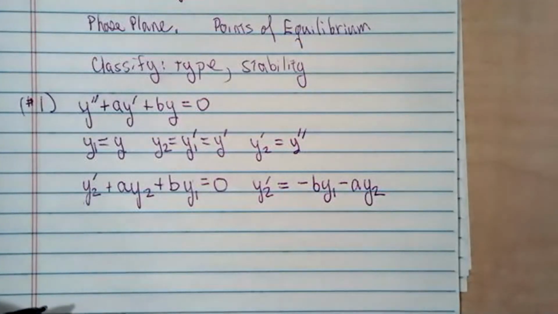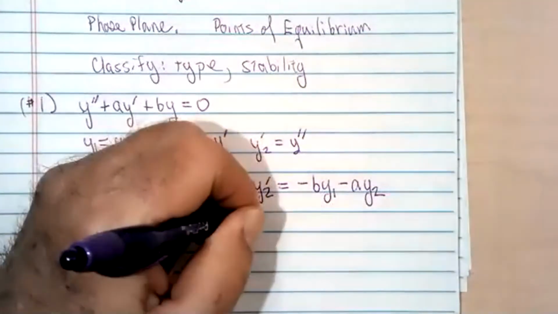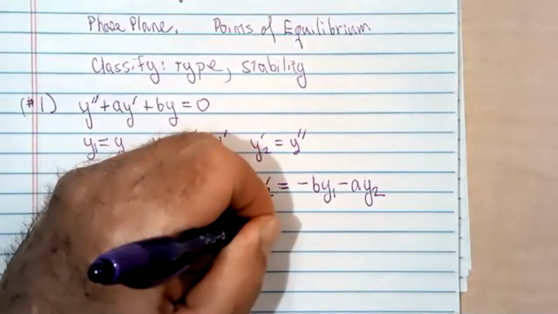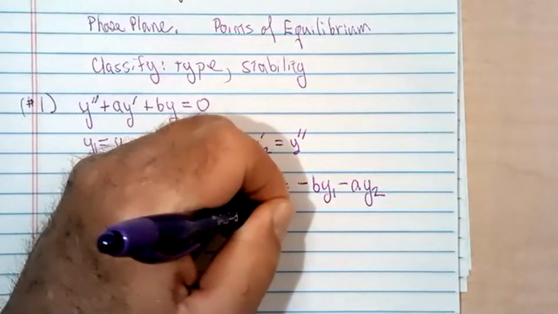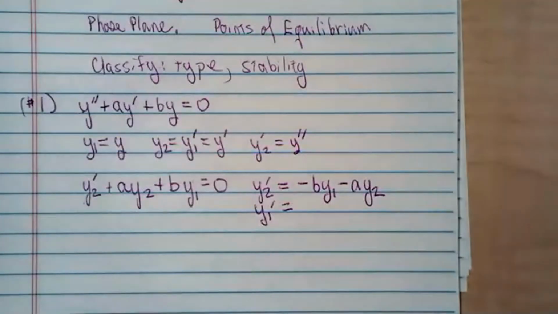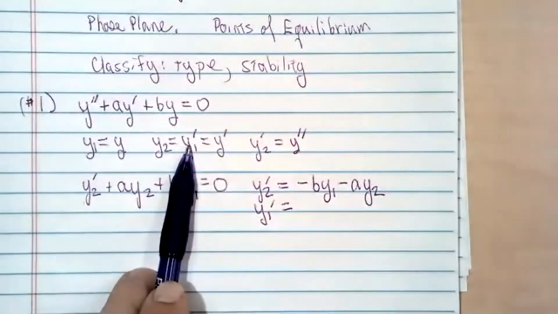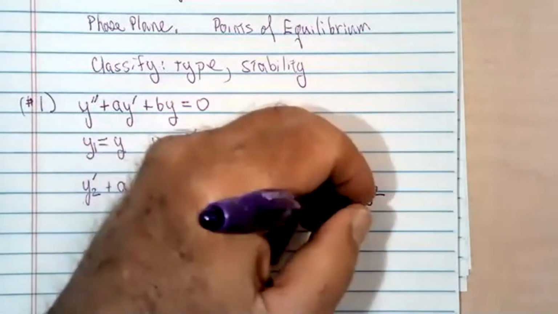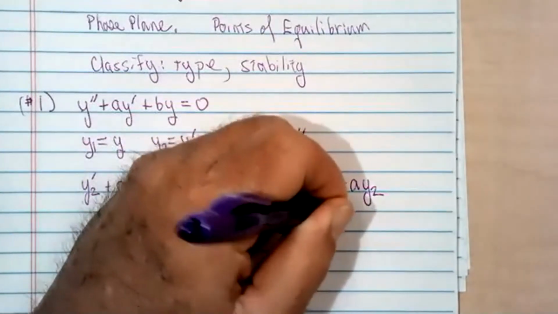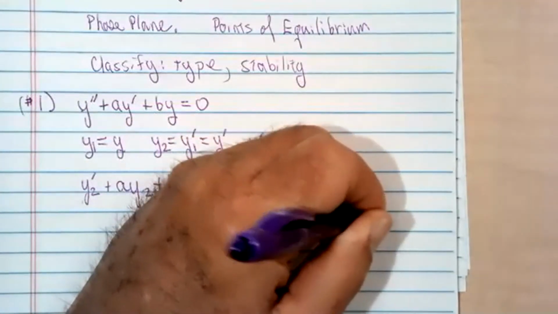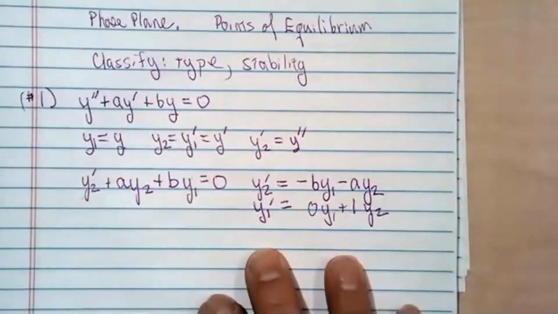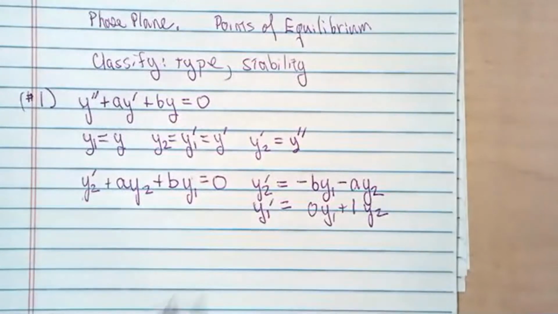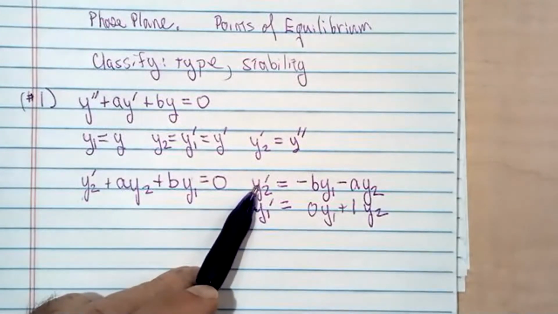And then we have our other equation, y1 prime is equal to, well, y1 prime is y prime, but it's also y2. So 0 y1 plus 1 y2. Now that's actually written in reverse of the standard order. I've got the larger subscript on the top.